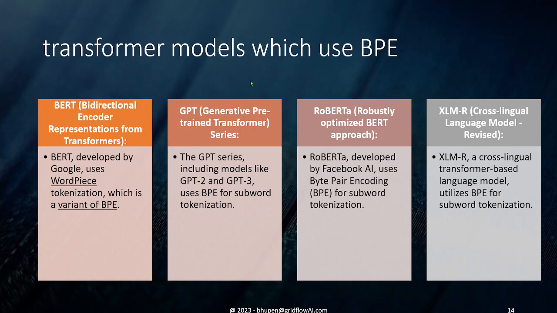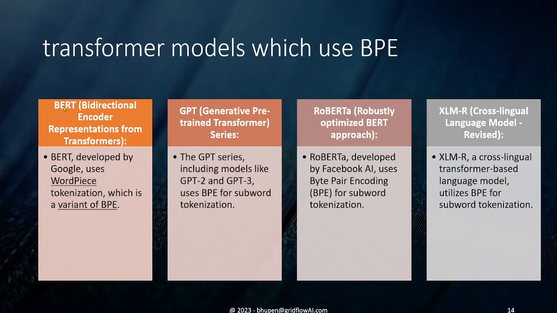Now, transformer models, which actually use BPE, are quite a long list of BERT and transformer models. I've listed a few of them. Most of these BERT and transformer models use the fundamental principle of BPE, but there are some variations as well.